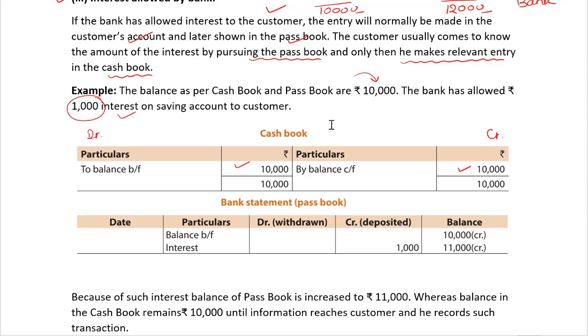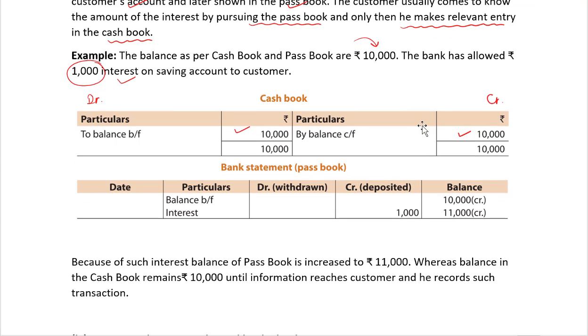I believe you understood. But as per the bank statement, in the passbook, there would be a credit entry of 1,000. Why? Because the banker has deposited 1,000 in the bank account of the customer, and the banker treats the customer as creditors or trade payables.